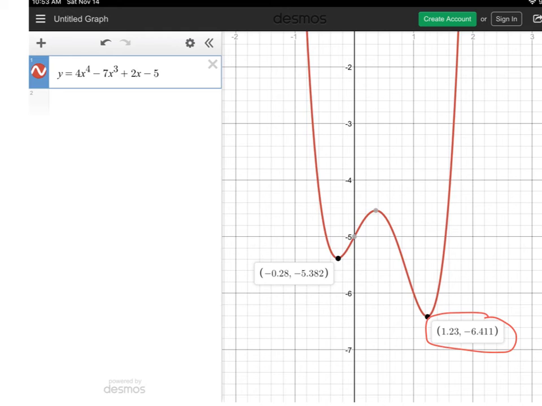Because there's nothing below, so we know we have an absolute minimum at negative 6.411 when x is 1.23.